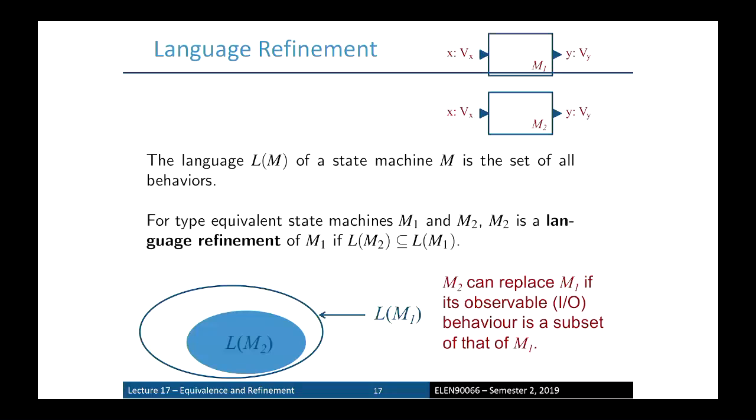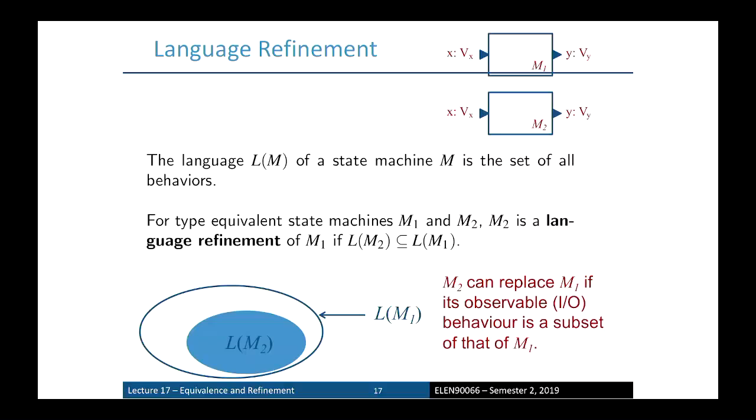Now, so let's look at a couple of machines again. M1, M2. We've got inputs in their spaces, outputs in their spaces there. We're going to assume that they're type equivalent machines. Okay, when we delve into language refinement, we want to check that their input-output behaviour matches.